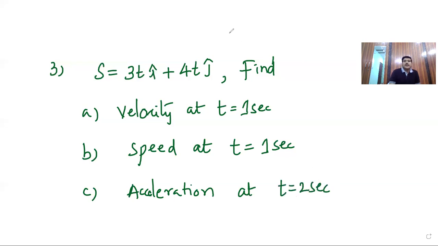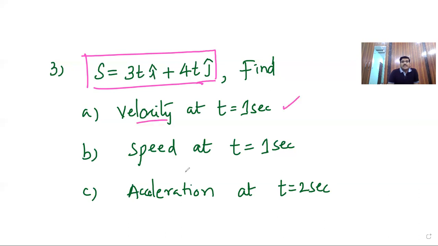These are the three things he is asking. He has given the displacement expression in the vectorial form, 3t i cap plus 4t j cap. He is asking velocity at 1 second, speed at 1 second, acceleration at 2 seconds.